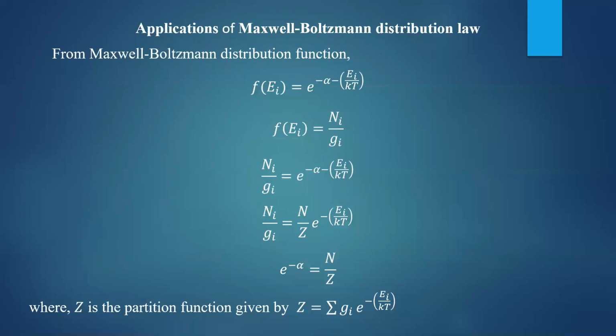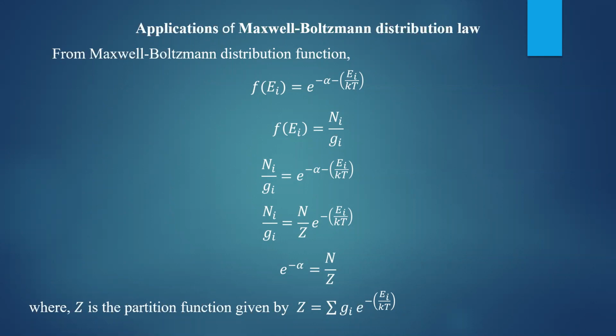We call this Z the partition function, which is given by Z is equal to the summation of Gi into e to the power minus Ei by kT.